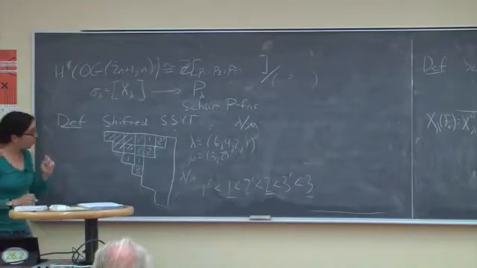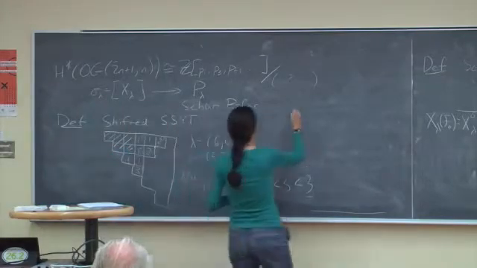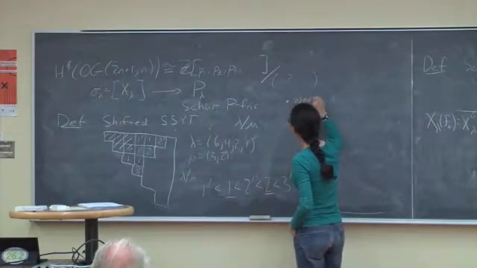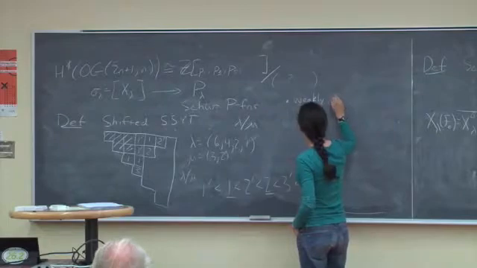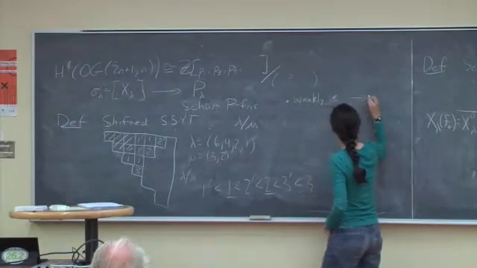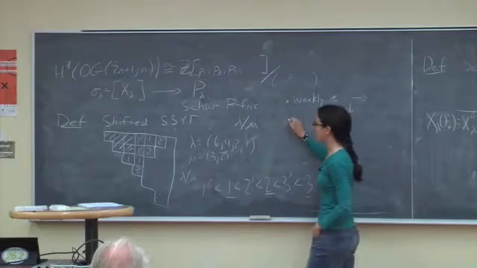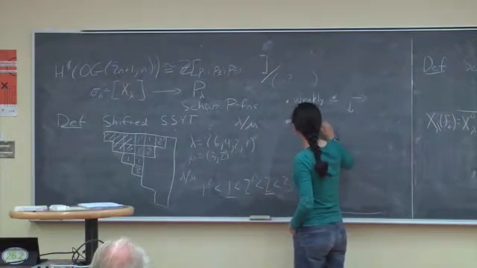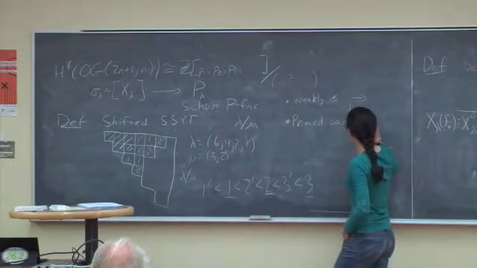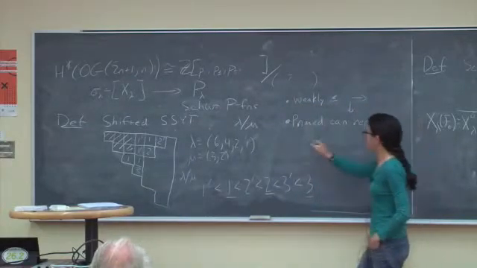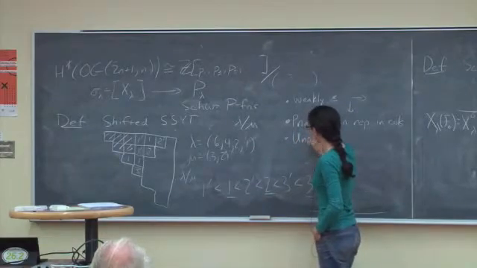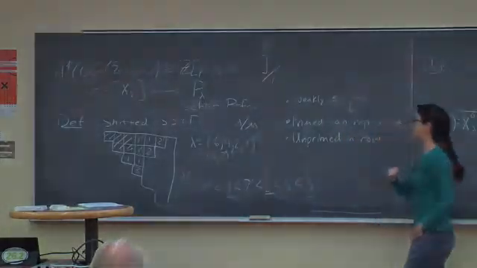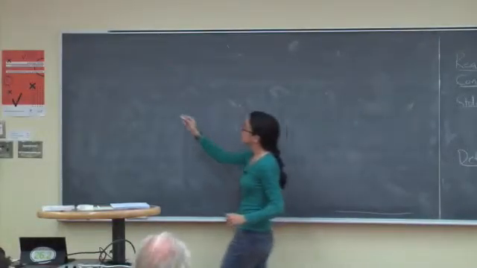So basically, entries are weakly increasing across rows and down columns, and primed entries can repeat in columns and unprimed in rows.